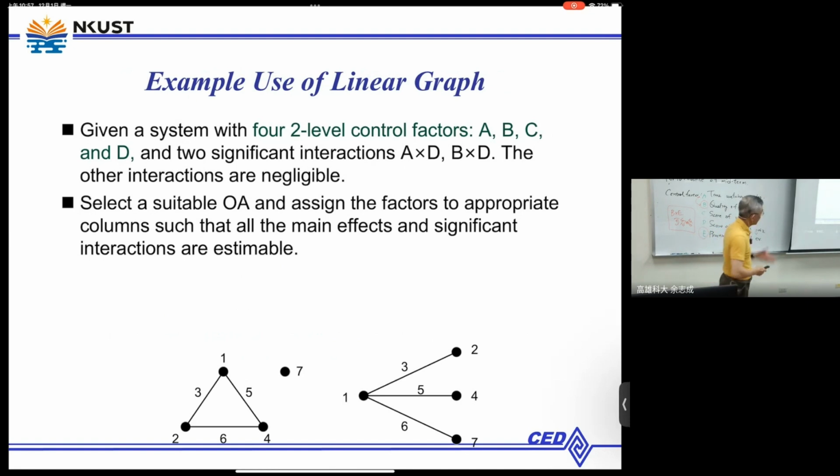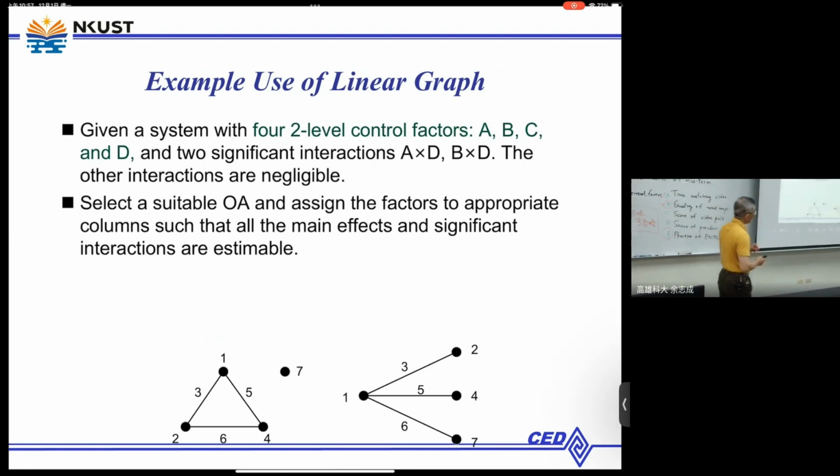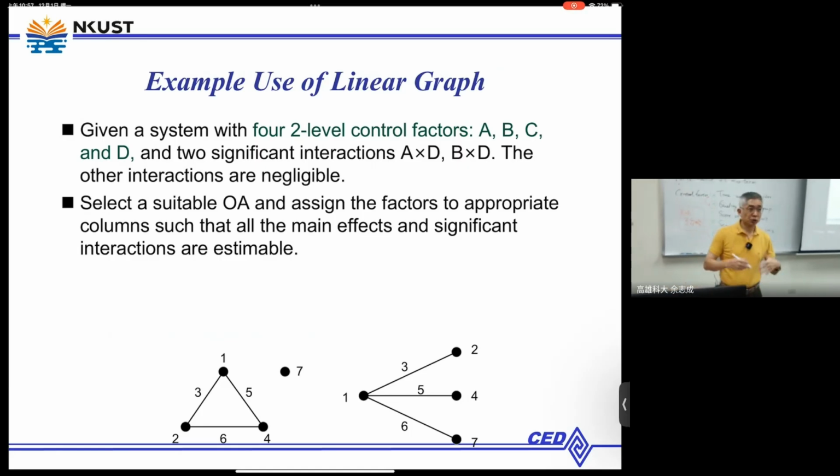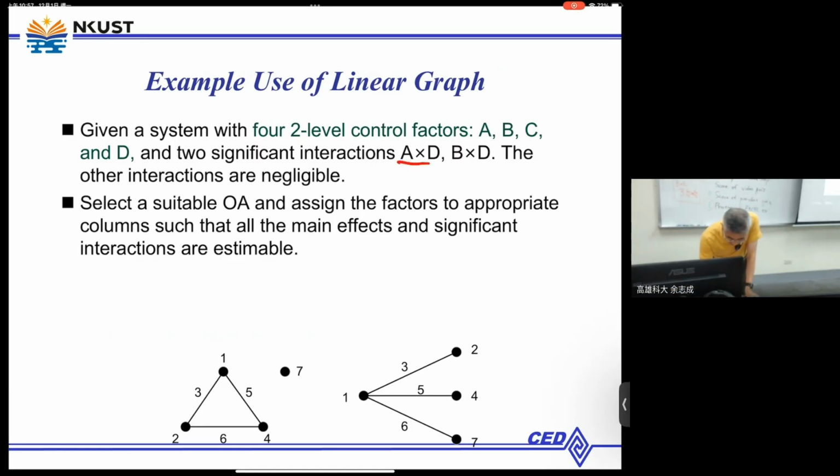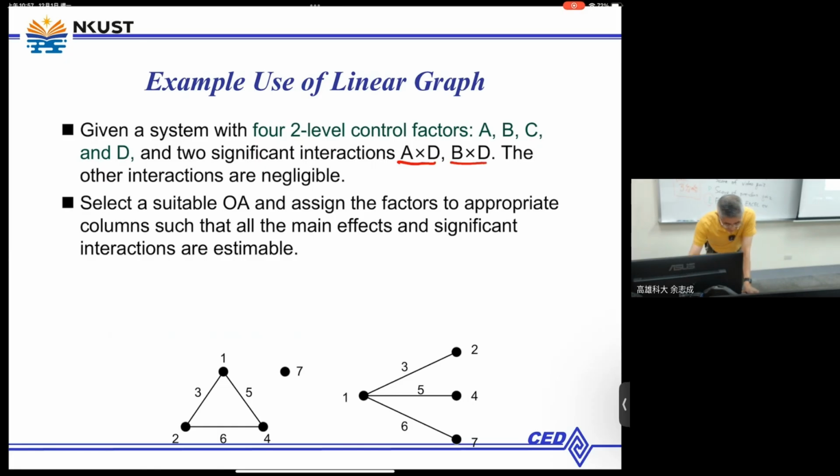Okay, so let's try to use the linear graph for the L8 example. Now you have 4 factors, A, B, C, D, just like a similar example we did before. And here it tells you that only 2 interactions are important, significant. Significant means strong, important. AD and BD.